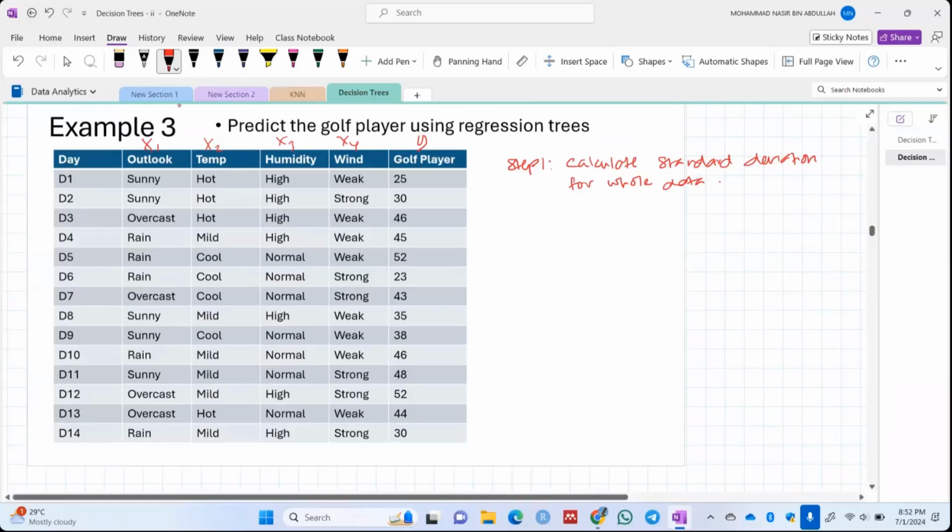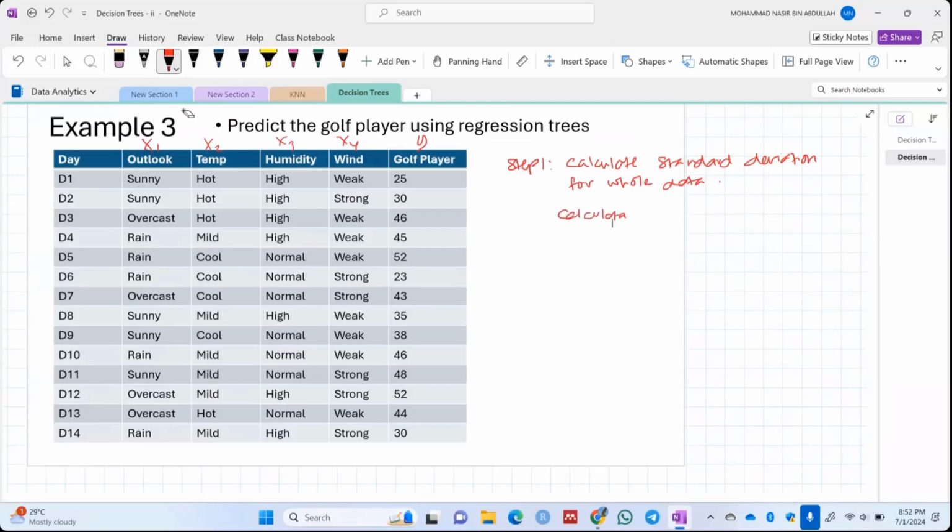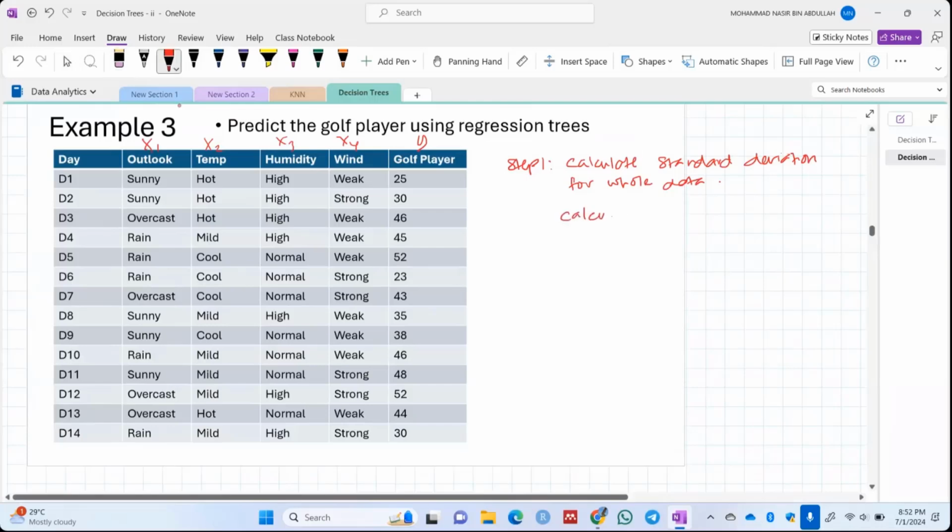For the variance reduction method, first we calculate the standard deviation for the whole data, and then we calculate the standard deviation reduction for each of the independent variables.